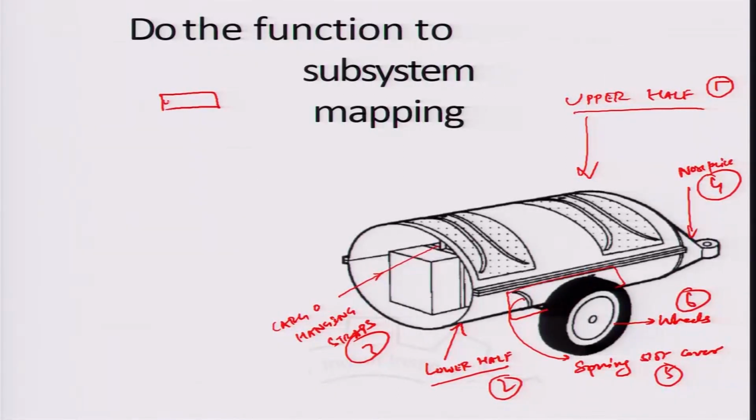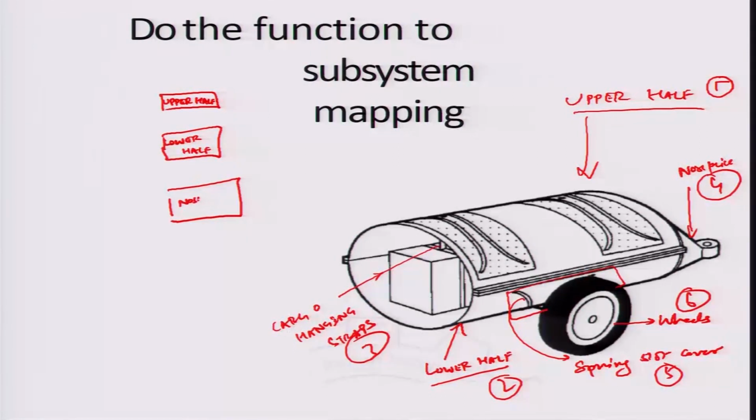So, we have the upper half here, and then we have again the lower half. Let us first, in the same order, list all the different subsystem level information related to this design.